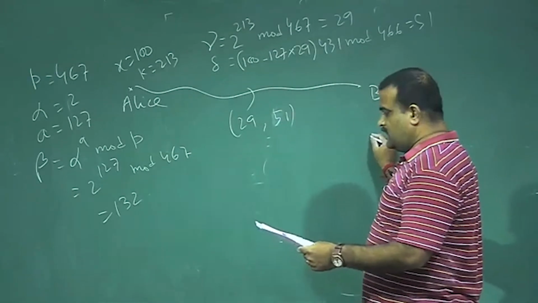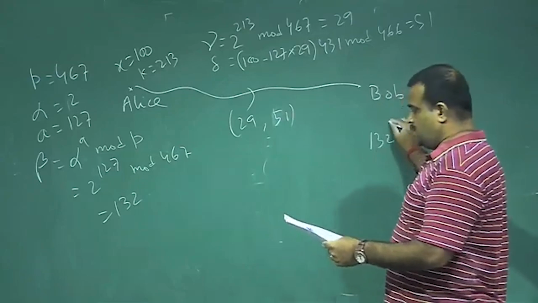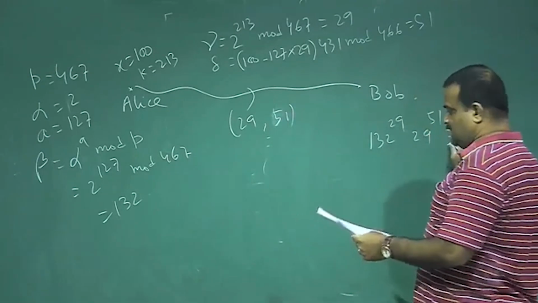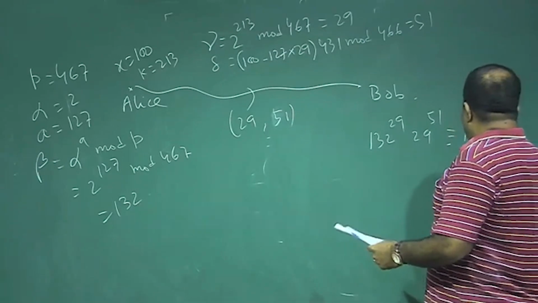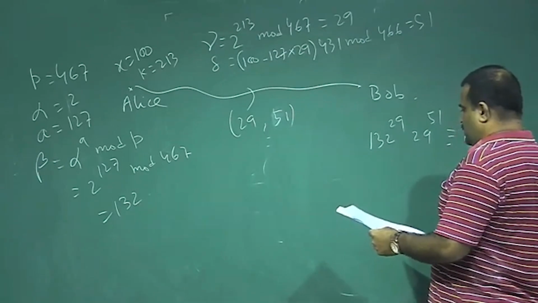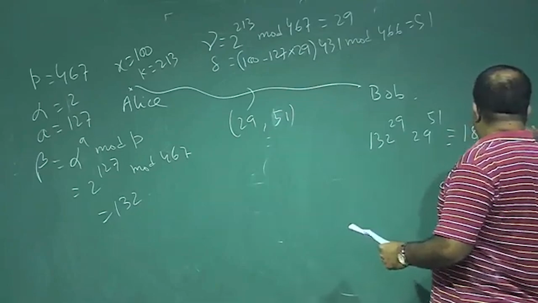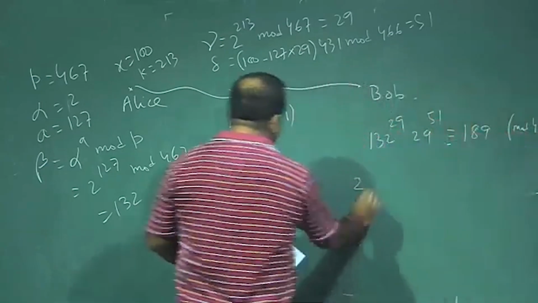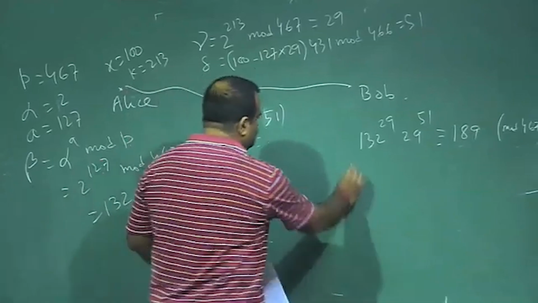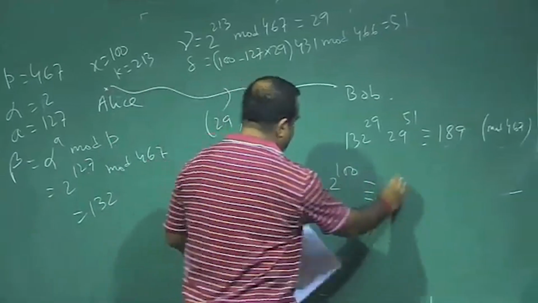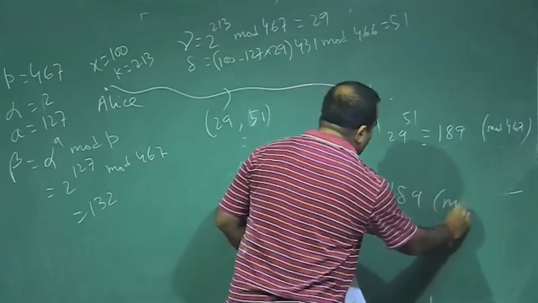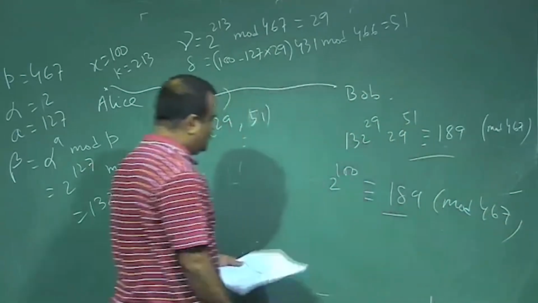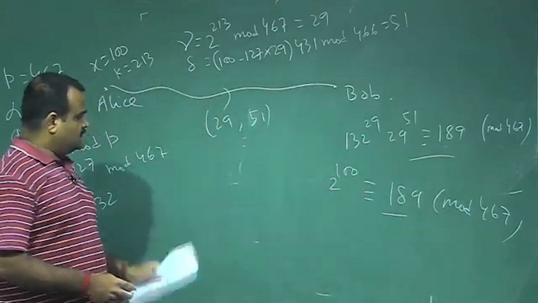Bob will compute 132 to the power 29 and 29 to the power 51 and check whether this is equal to, this is basically 189 mod 467, and also compute alpha to the power x, which is also 189 mod 467. So, these two are the same. So, the authentication is done. So, this signature is valid.